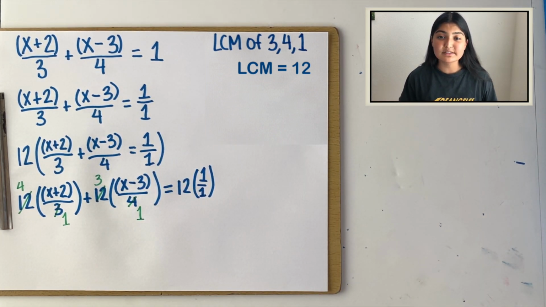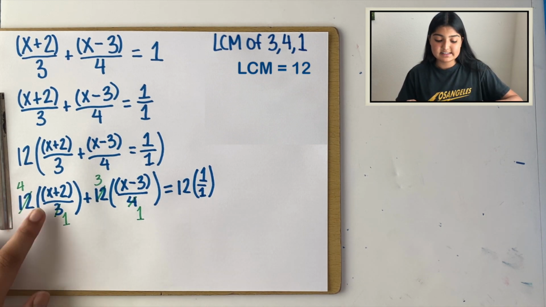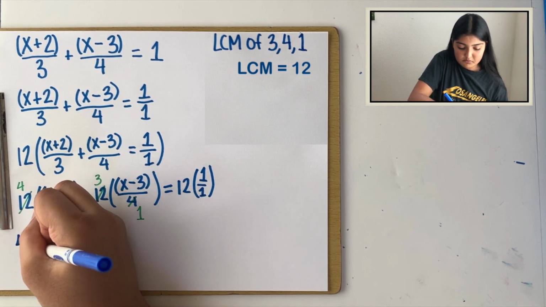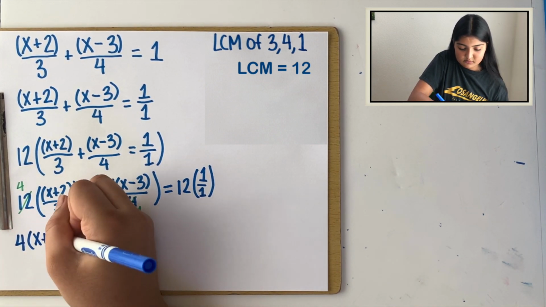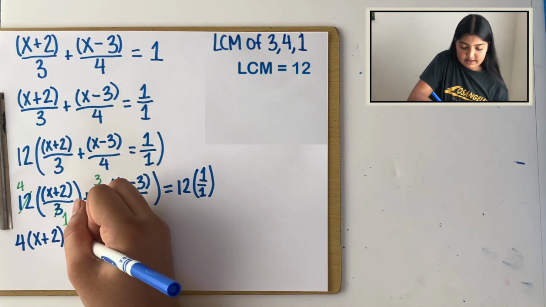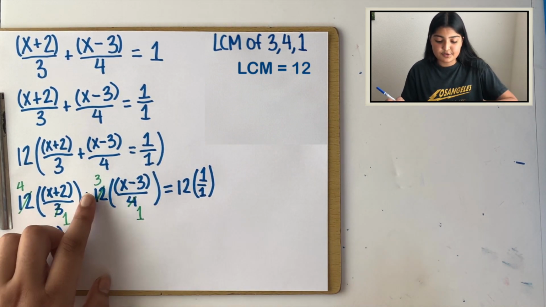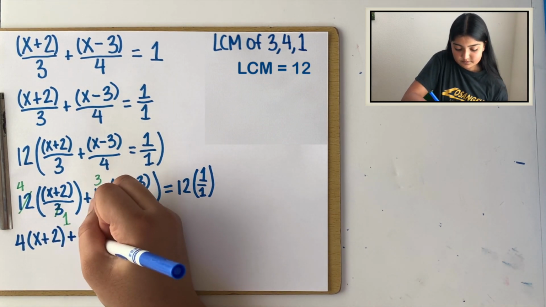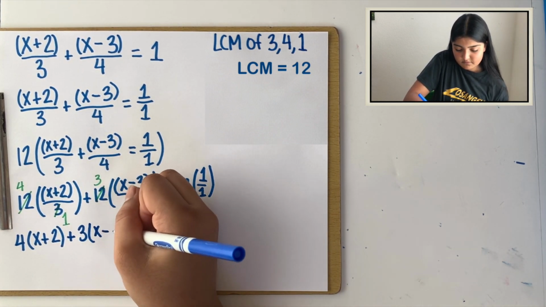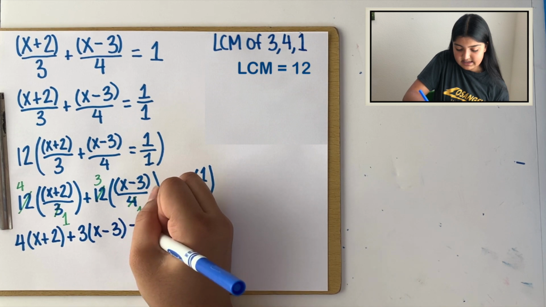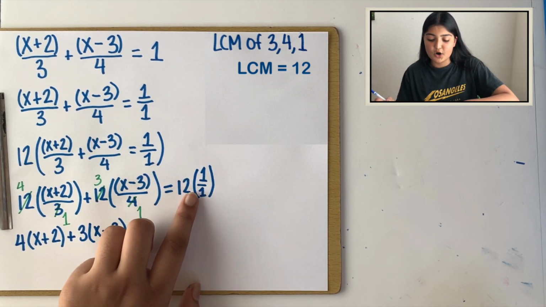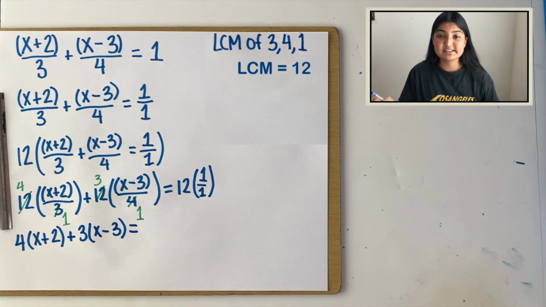Next, let's multiply everything out. 4 times x plus 2 plus 3 times x minus 3 is equal to 12 times 1 over 1, which is simply 12.